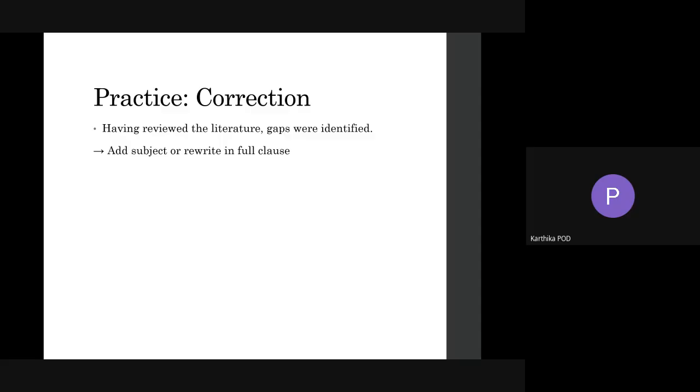Try working on this sentence. How will you correct the sentence? "Having reviewed the literature, gaps were identified."